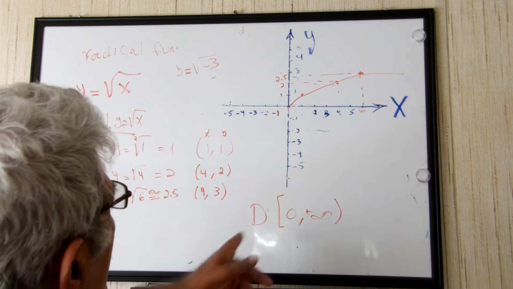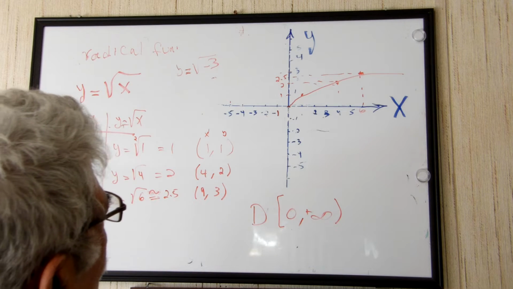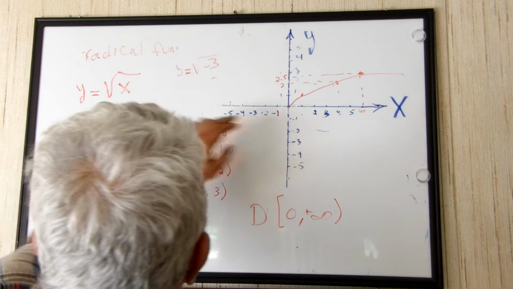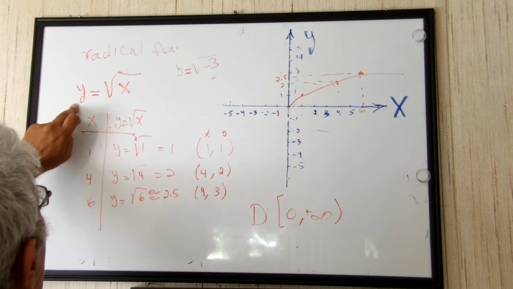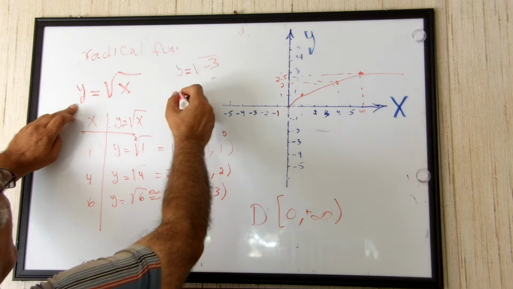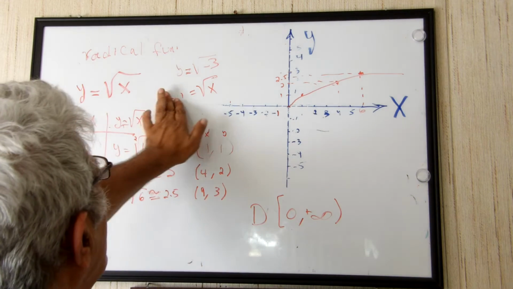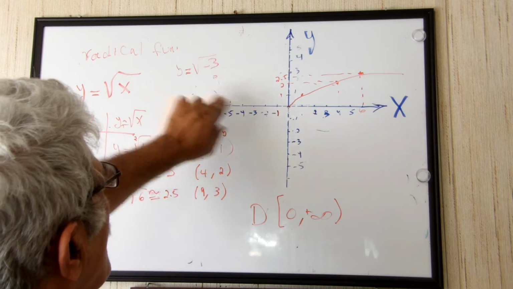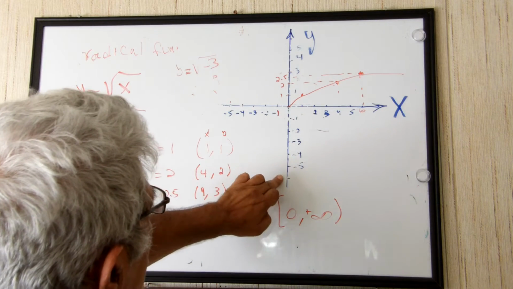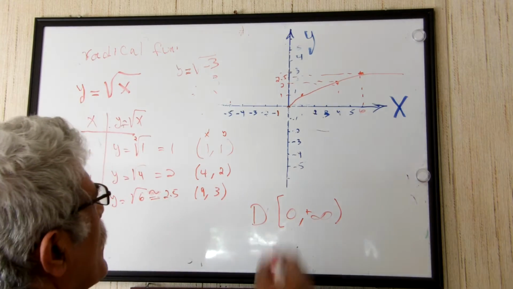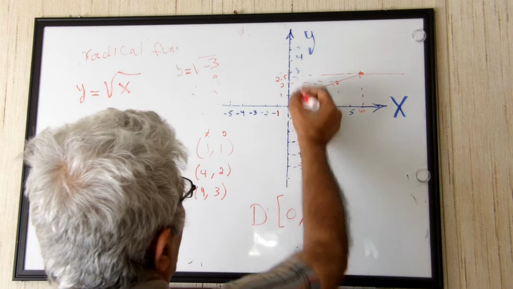Okay. So what is the range? Range is the values of y that it can have. Still, you can't have -1. You can't put -1 here. If y equals -1 for the radical of x, what does that mean? It doesn't make sense. So you can't give a negative number to y. So you have to start from 0 going up.